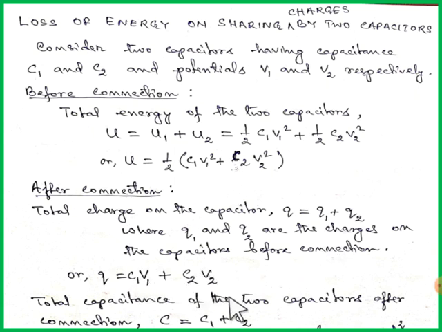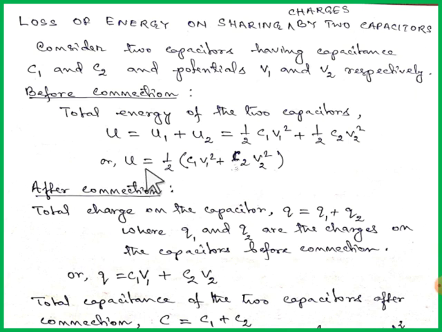After connection, the equivalent capacitance will be C1 plus C2, because they are connected in parallel, right? They are connected end to end. So the equivalent capacitance will be C1 plus C2, and we also have the total charge. So we can easily find the total energy after connection.